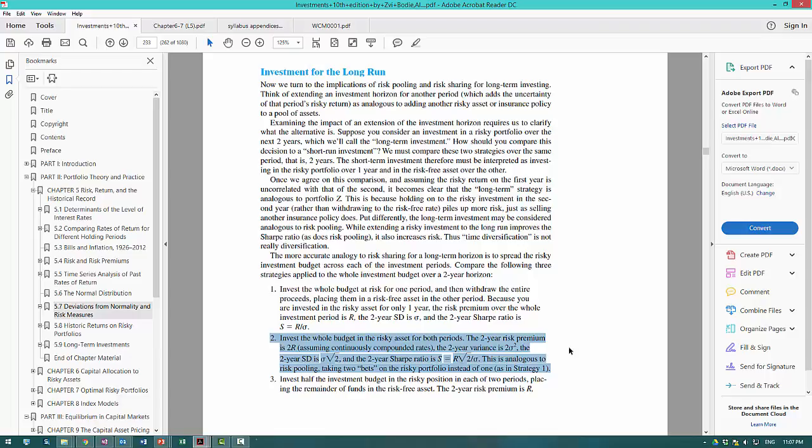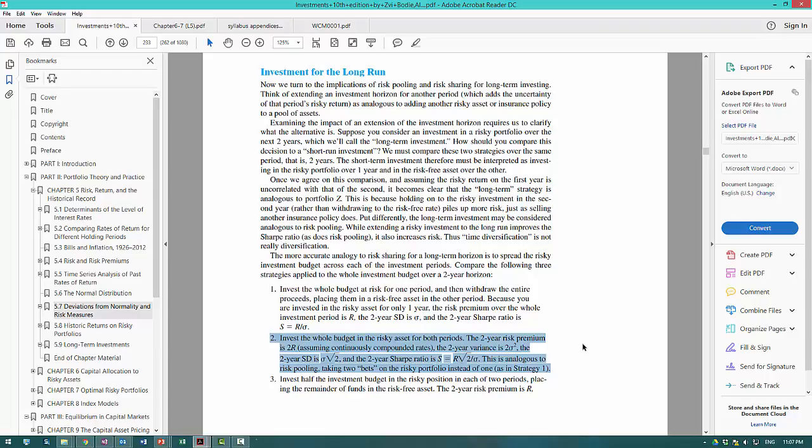Now, that's the theory, and I hope so far you understand what I'm on about. Okay. In practice, why do we think that sometimes, after all, if you say that time diversification has benefit, what does that mean? It just means that if you hold a portfolio of risky investments, you end up helping yourself if you simply hold it for a longer period.